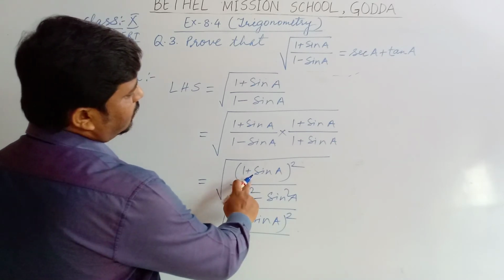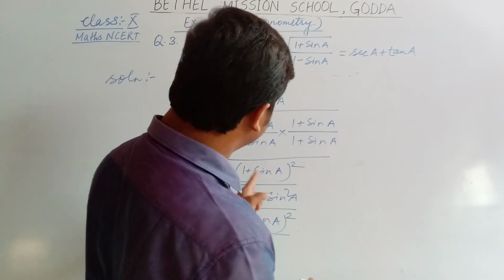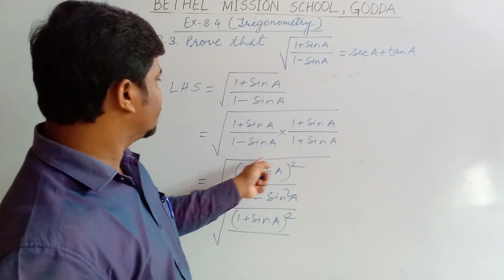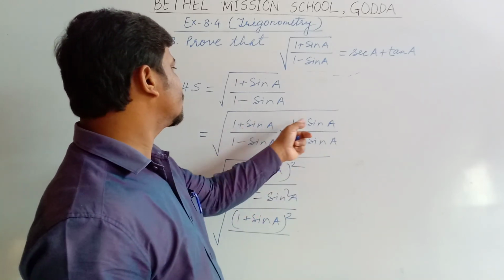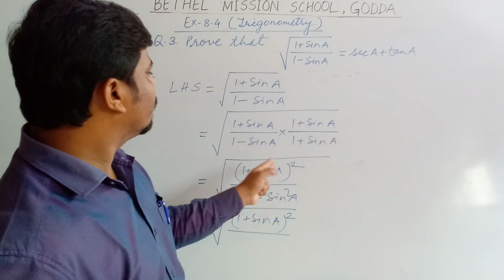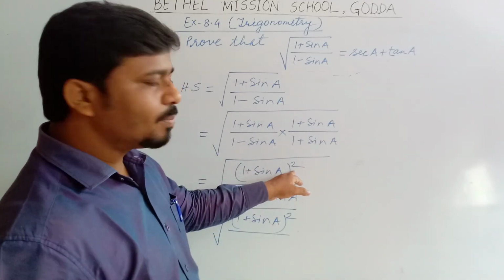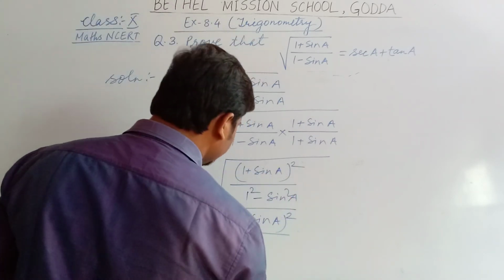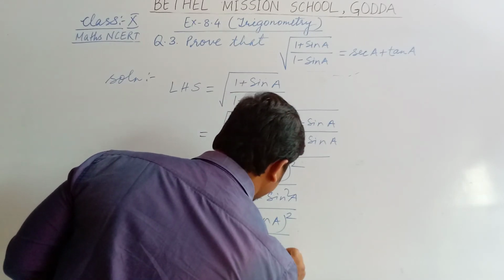We will not convert this in the form of A plus B whole square, A square plus 2AB plus B square, because we need to remove this square root. So when you multiply 2 times this 1 plus sin A and 1 plus sin A, then you cannot remove the square root. So for removing the square root we need to leave the square on that particular number.